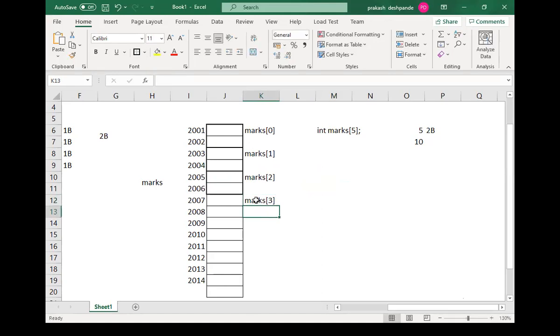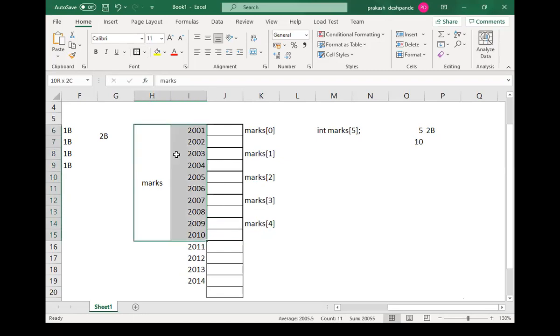Very good. Then what about marks 4? It is going to be 2009. So these 10 memory blocks, that is 10 bytes, are completely occupied by the marks, right? And in this fashion, it will allocate the memory. Consecutive memory block allocation, this is the concept.